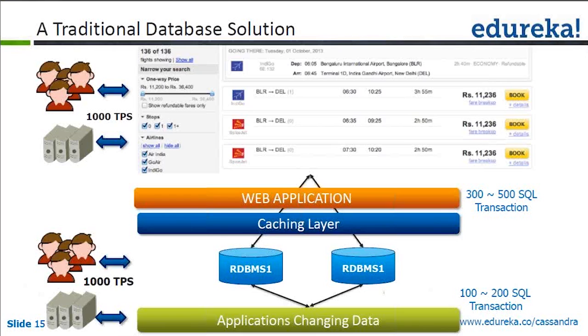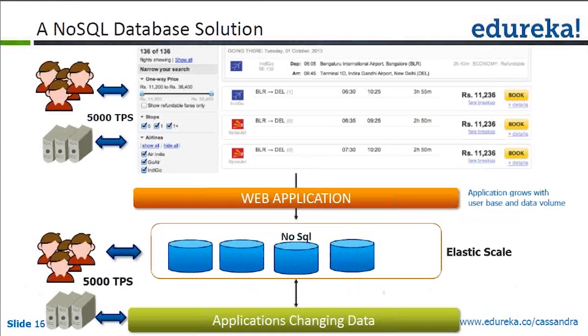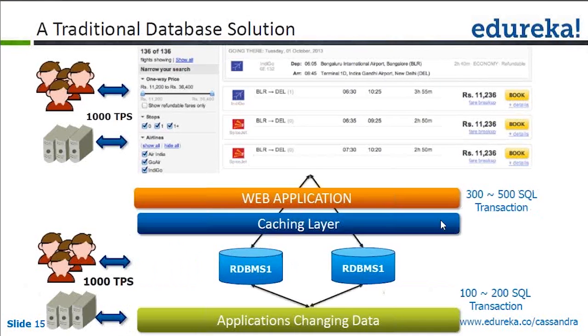Okay, so here, as you have asked in some of the queries, this is the general architecture. You can just refer to both these slides. As I mentioned before, with NoSQL databases, you may not find this caching layer over there.